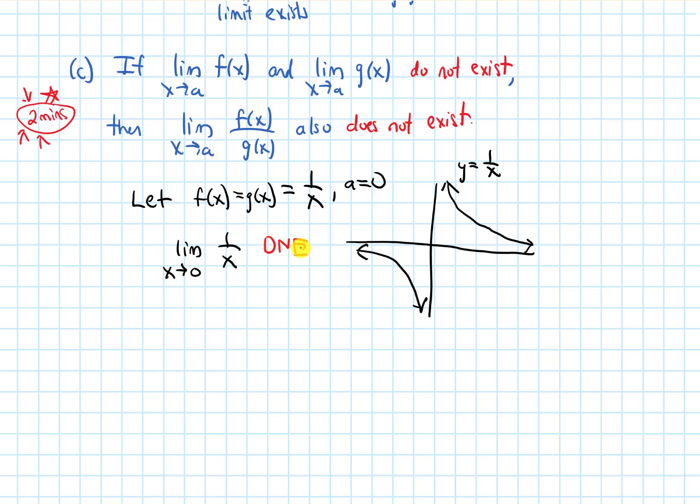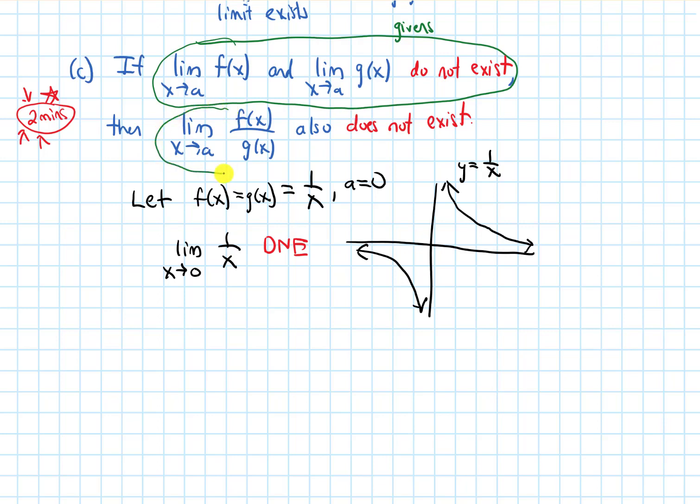that does not exist. Okay, so we have come up with an example where the givens, so the if portion, here's the givens. The givens hold, the limit of f and the limit of g both do not exist. But now we need the conclusion, that's the then portion. Here's the conclusion. We need that to be wrong if I'm trying to show this is false. So let's look at the conclusion.